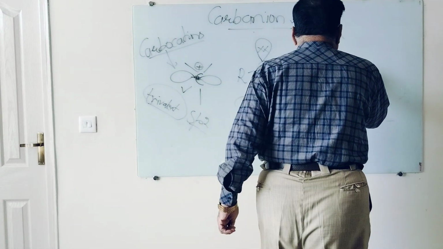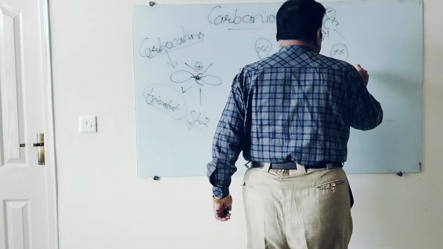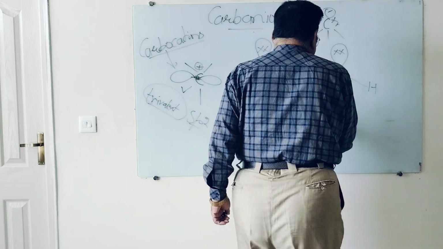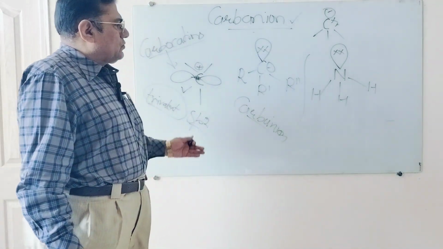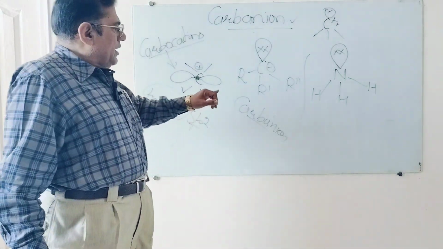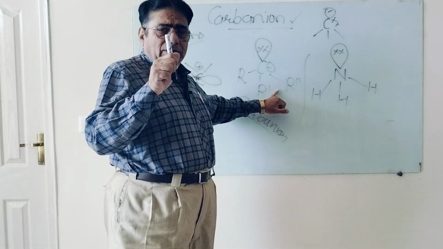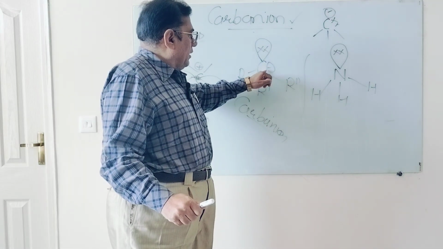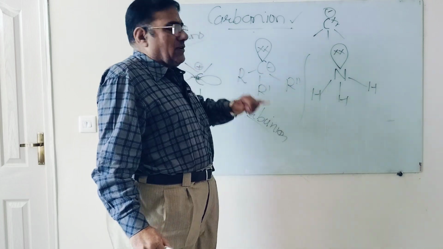Now if I draw another structure which I taught a few days back when I was teaching hybridization, this is the simple ammonia molecule, and these two structures quite resemble each other. In carbanion, because carbon is tetravalent, one bond has broken and a lone pair is present. When a lone pair is there, there will be negative charge.